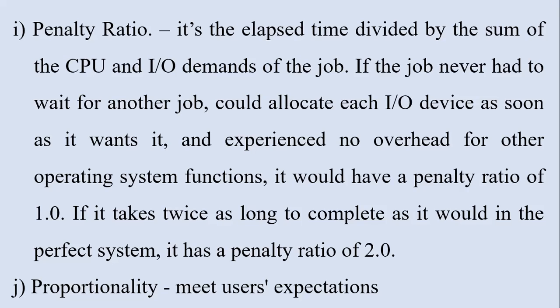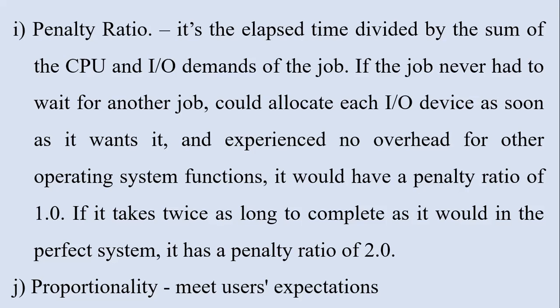If the job never had to wait for another job, could allocate each input-output device as soon as it wants, and experience no overhead for other operating system functions, it would have a penalty ratio of 1.0. However, if it takes twice as long to complete as it would do in a perfect system, it has a penalty ratio of 2.0.